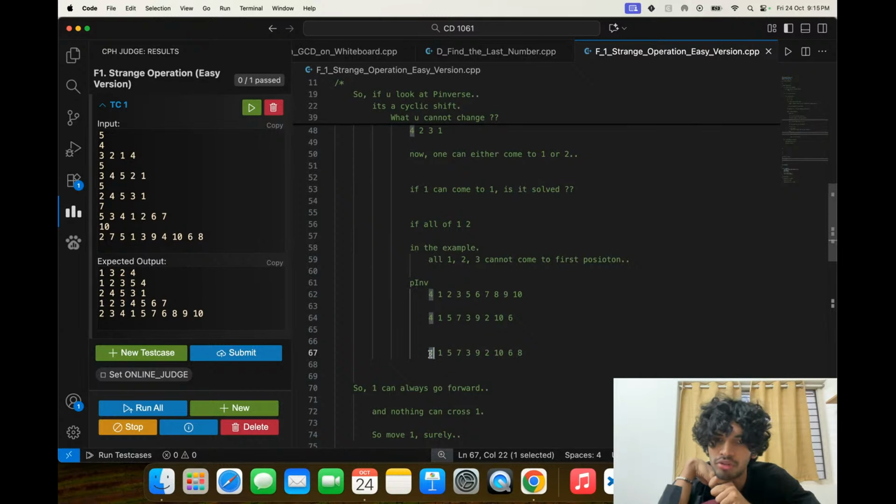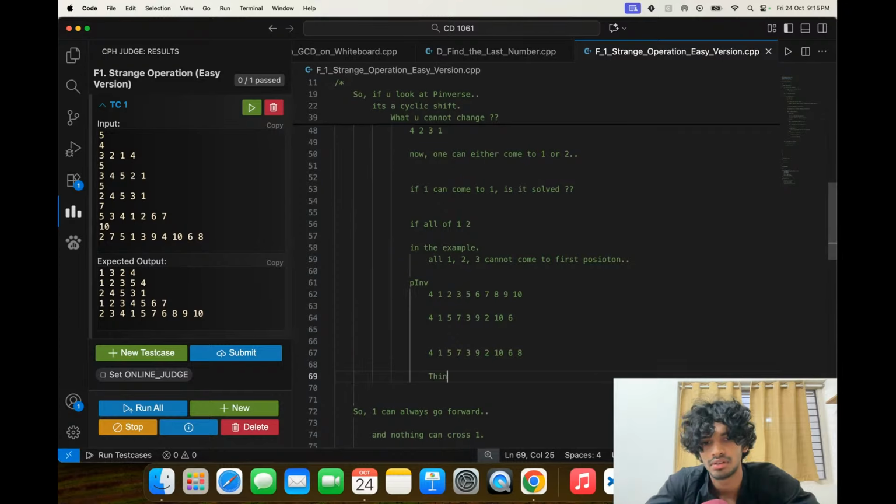Things can only move forward. If you look at greater than or equals to I things. Okay.